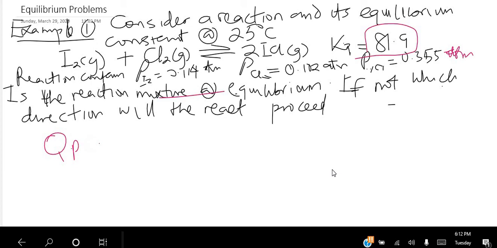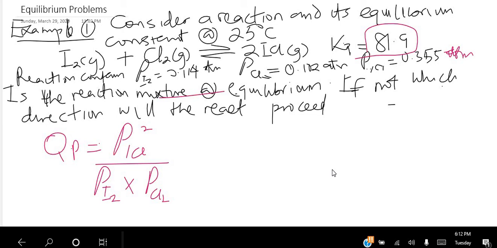So it is going to be the partial pressure of Cl2 over the partial pressure of iodine gas times the partial pressure of chlorine gas.